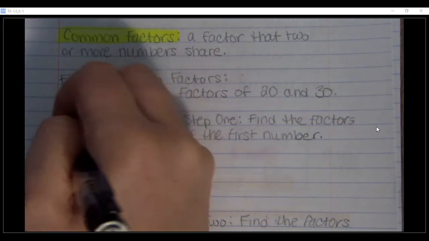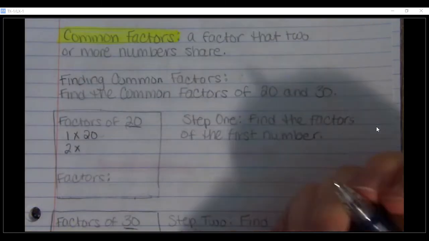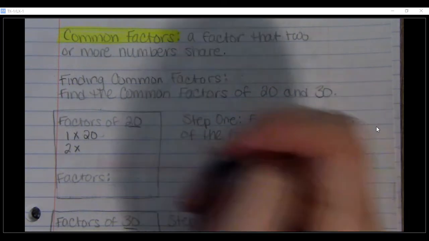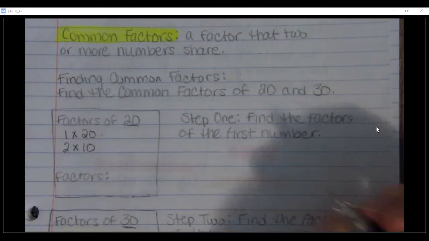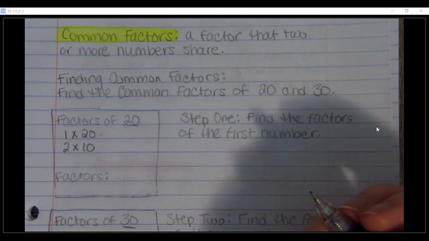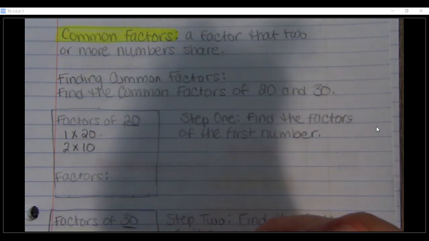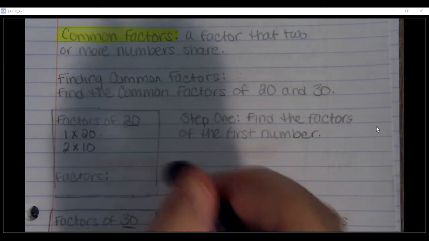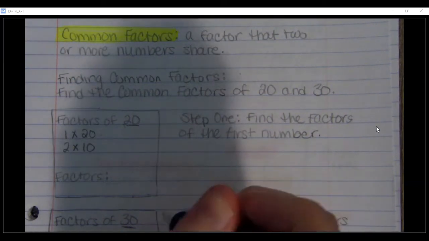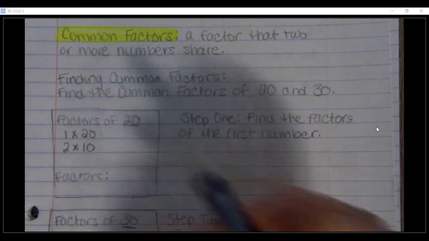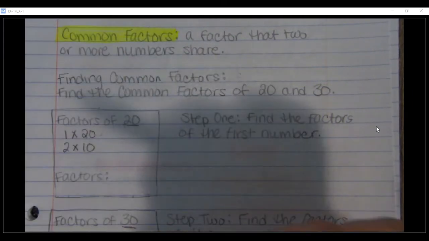Now I'm going to try 2. I know that 2 times 10 is equal to 20. Hey, look, we have some more factors. Now I'm going to try 3. I know that 3 times 7 is 21, but that's not 20, so 3 can't be a factor.